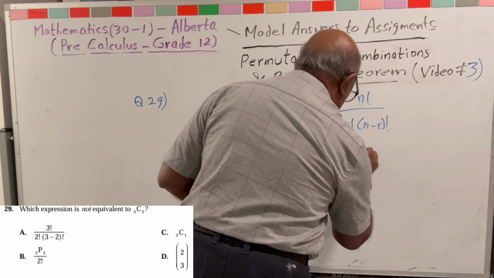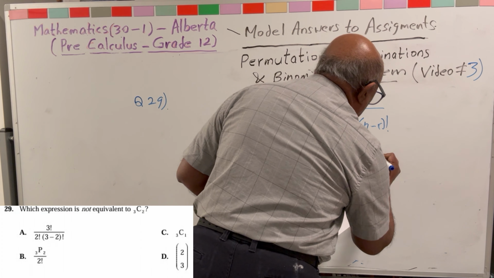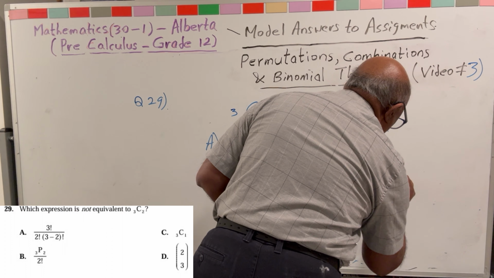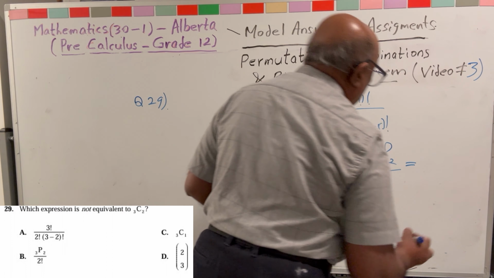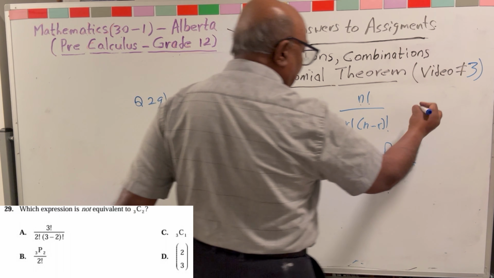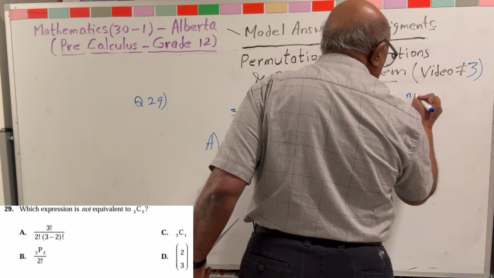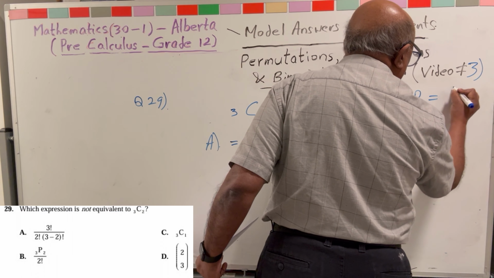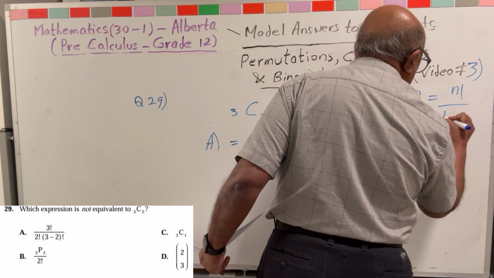B says 3P2 divided by factorial 2. What is 3P2? For 3P2 we can apply this one: nPr equals factorial n upon factorial n minus r.